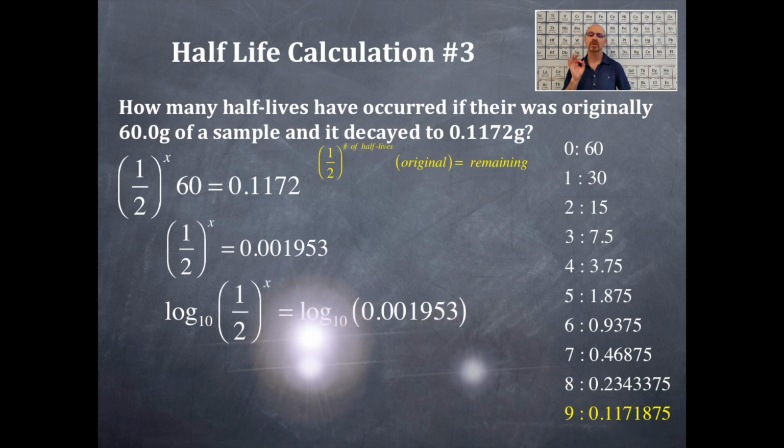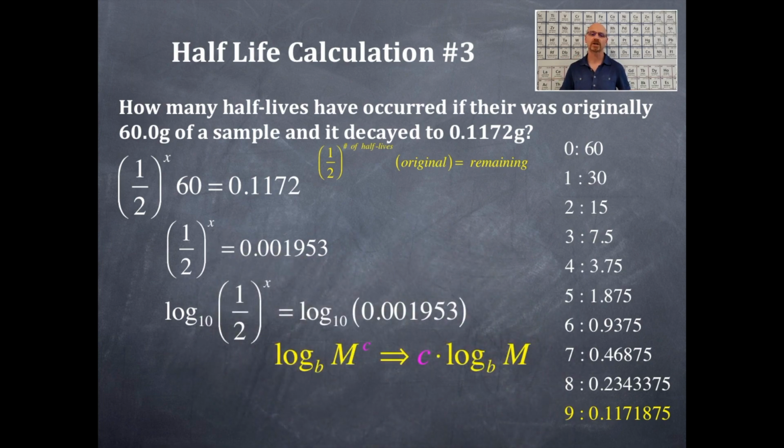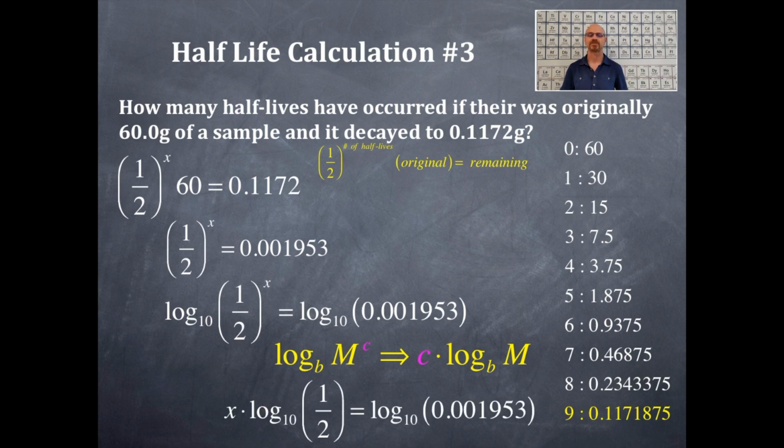This is a rule with log base whatever it is: log base b of m to the power of c is equal to c times the log base b of m. So we're going to bring that c, that power, over in front of the log. So that x is going to go in front of the log, and that's what we have right here.